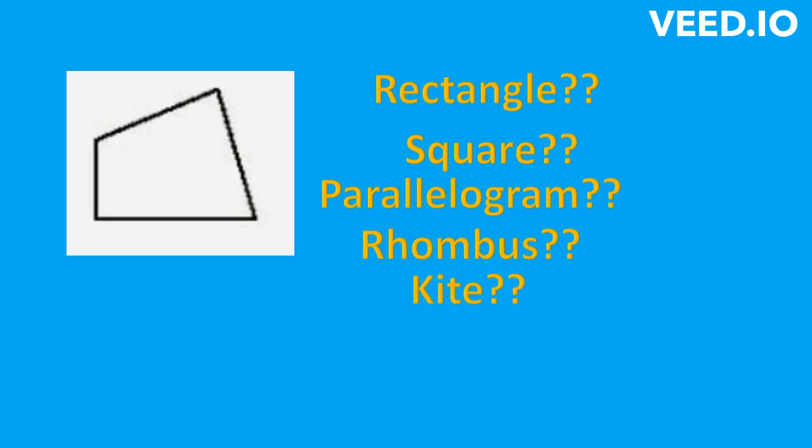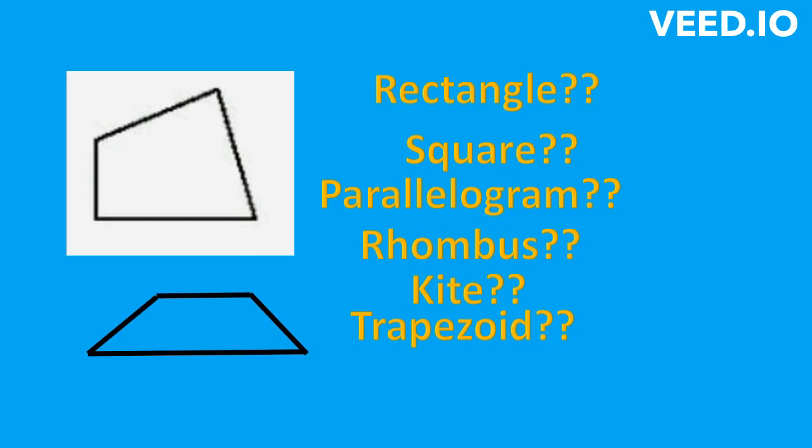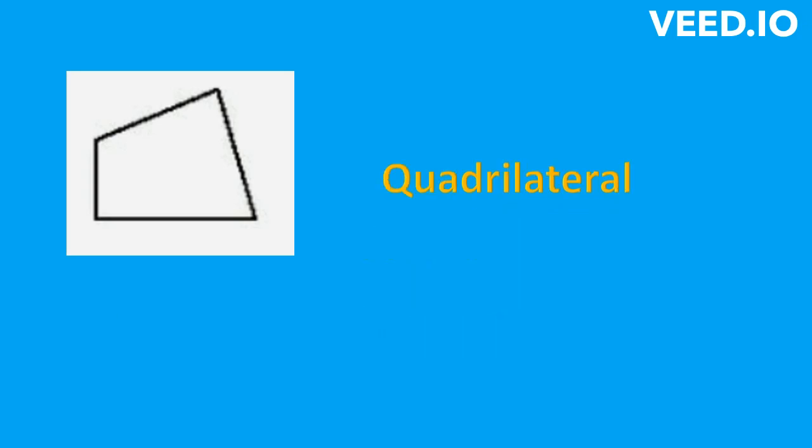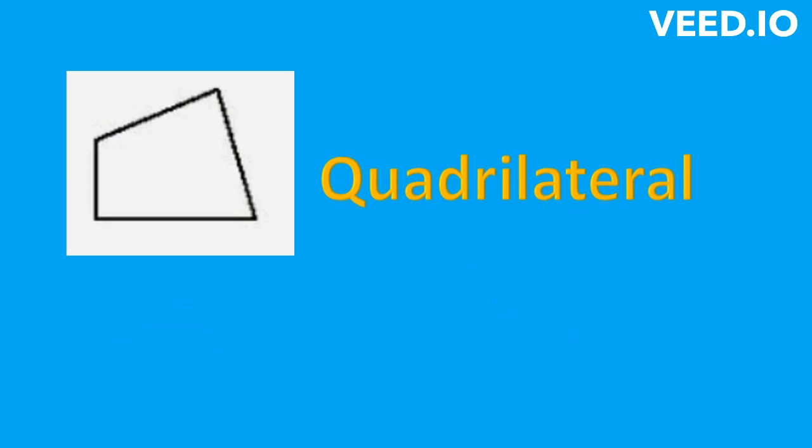Is it a kite? A kite should have adjacent sides equal. Is it a trapezoid, which has at least one set of parallel lines like this? No, we don't have any parallel lines in our question. So it is just a quadrilateral.